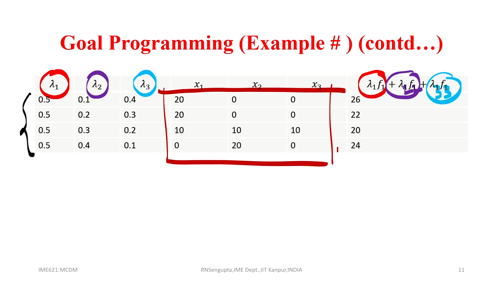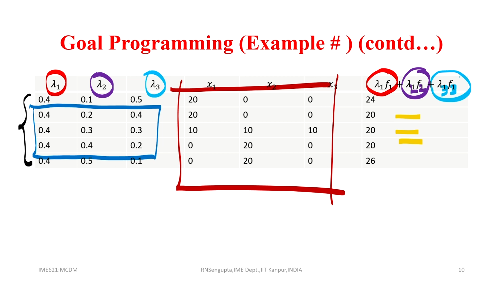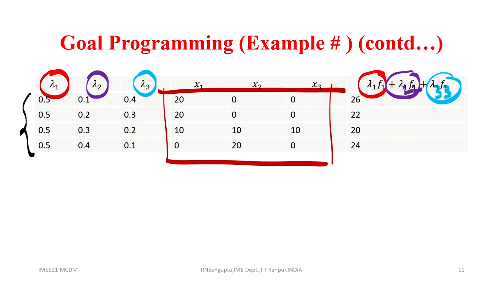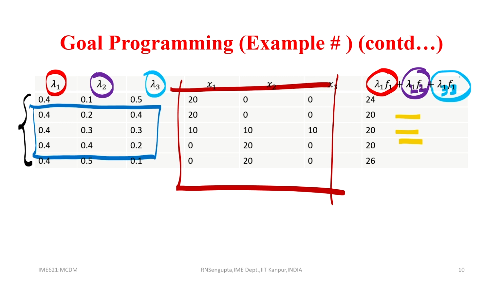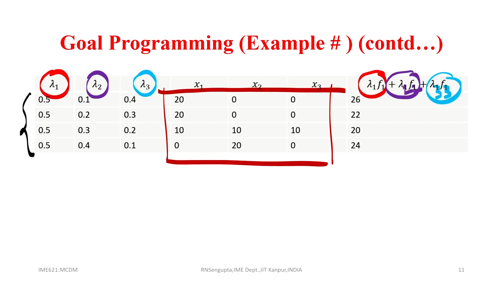And if you see here, there are values of the objective function 26, 22, 20 and 24, but obviously, we have other such objective function outputs here also. 26 is here. So one Pareto point is 0, 20, 0, another point for 26 is 20, 0, 0. Here for 24, one Pareto point is 20, 0, 0, here one point is 0, 20, 0.